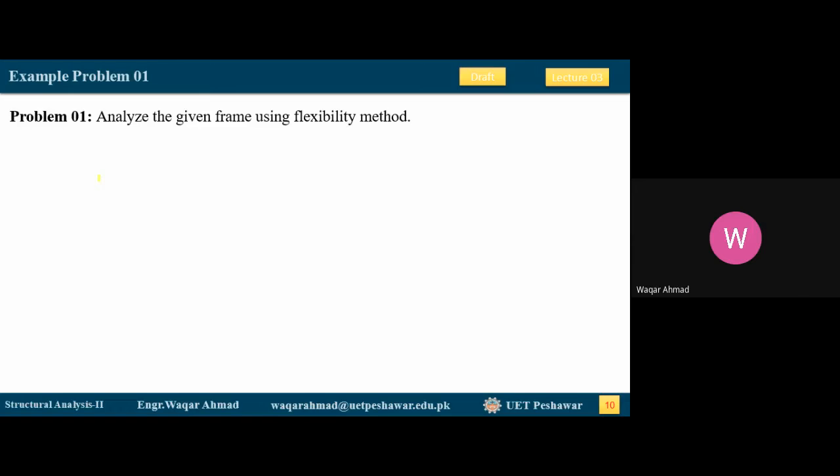So this is the frame structure which is given. This is member number 1. The length of this member, or the height of this member, is 15 feet.